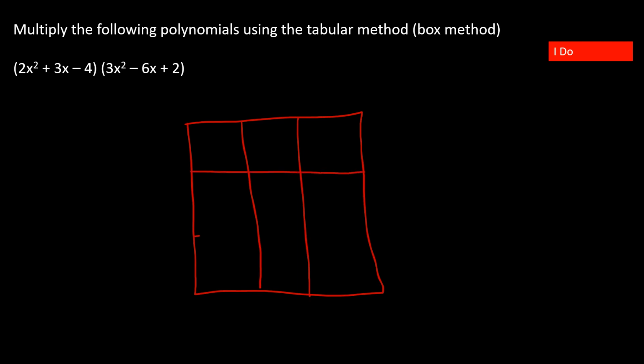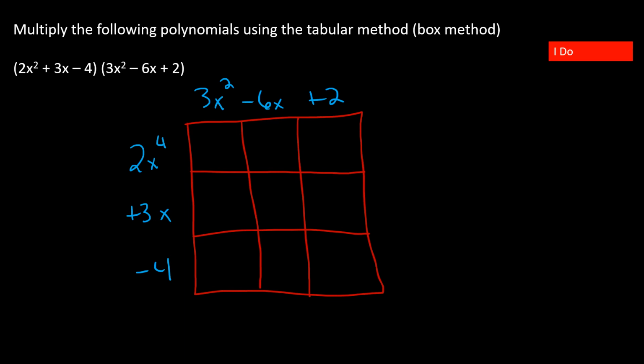All right, 3 by 3. So we'll have 2x squared plus 3x minus 4 times 3x squared minus 6x plus 2.